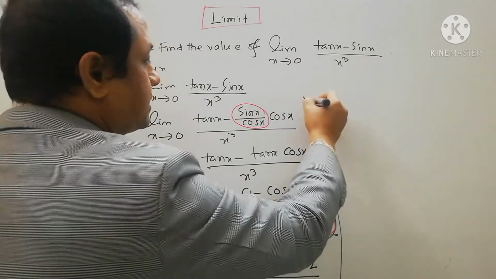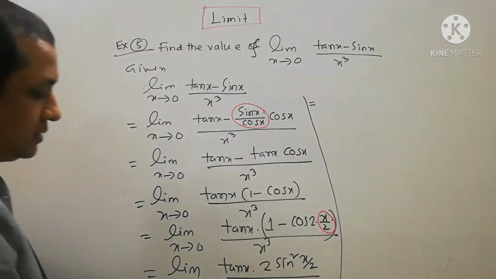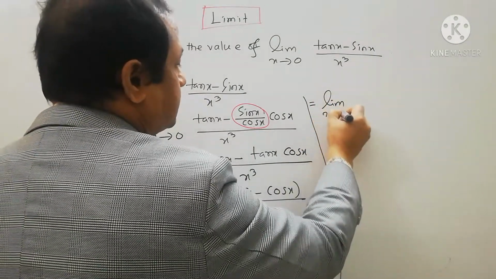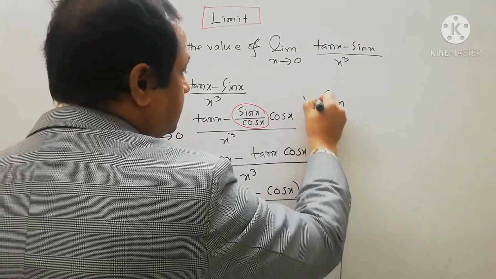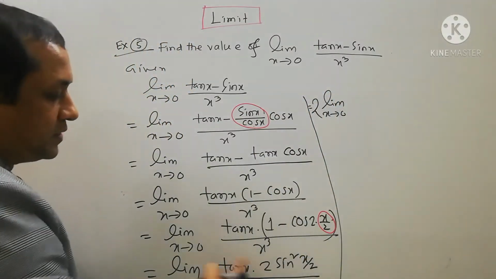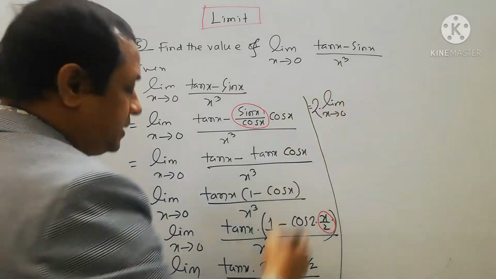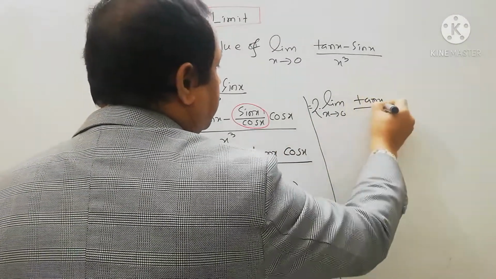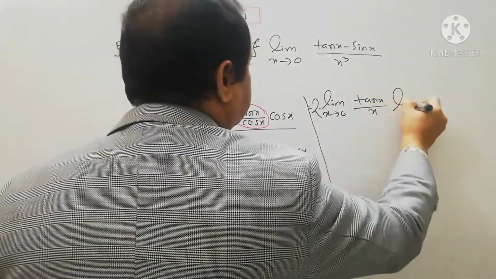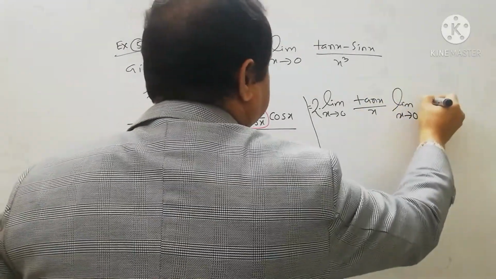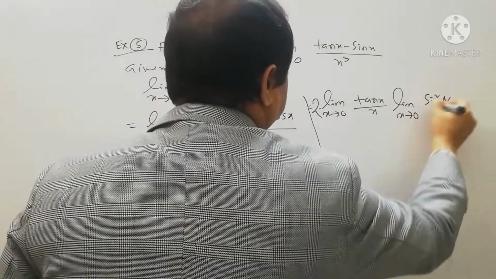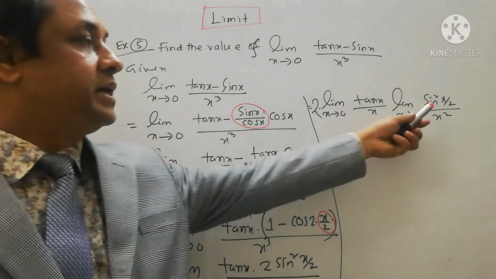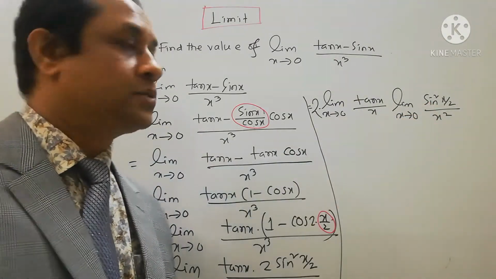So student, next line: limit x tends to 0, take the 2 to the first position, into limit x tends to 0 of tan x by x, and limit x tends to 0 of sine square x by 2 by x square.